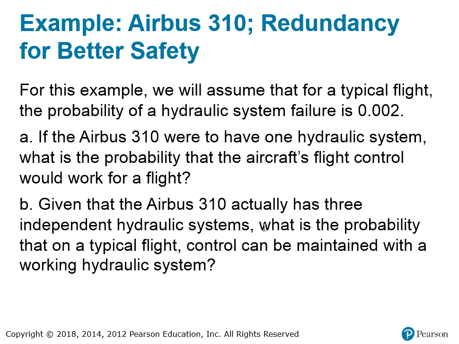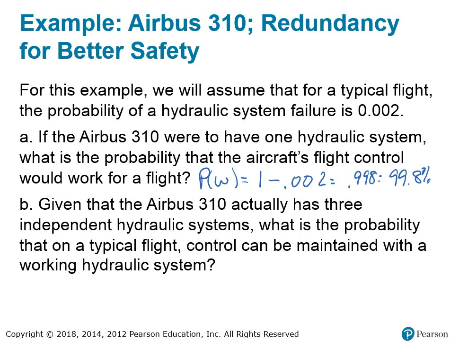So they only have a single one, and if it's 0.002 that it would fail, and they want to know the probability that it would work, that is actually the complement. So the probability of it working would be 1 minus 0.002. So it has a 0.998 or a 99.8% chance of working. That's if it was a single system.